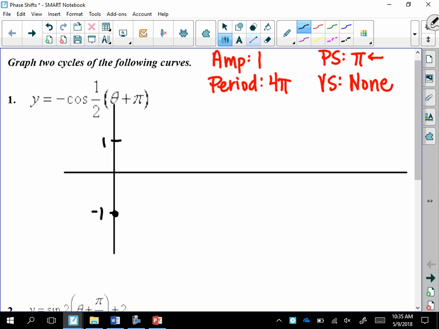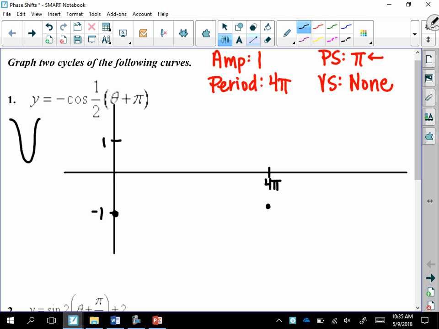And then where would the first cycle end? At 4 pi. For the parent function, where does the first cycle normally end? At 2 pi, but this one has been expanded out to go all the way to 4 pi. And if you think about the graph of cosine, the parent function looks like this, right?